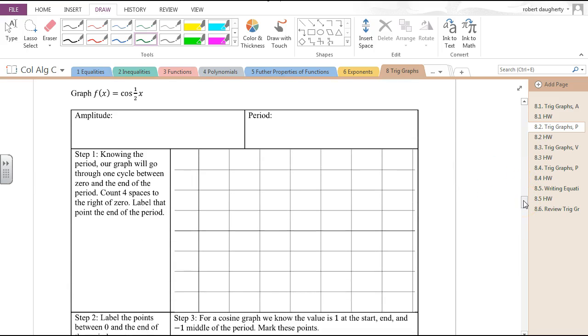So what is the amplitude of the next cosine graph? Amplitude is 1. The period is 2 pi divided by 1/2, which is 4 pi. So that means I start here at 0. Count out how many spaces? 1, 2, 3, 4.